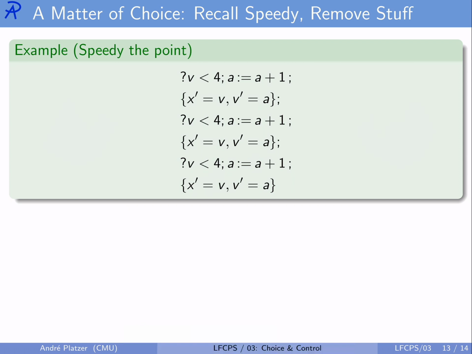These tests are pretty dangerous because they're not part of a non-deterministic choice anymore that leaves around other options, but all of a sudden these tests impose assumption conditions on the current state. I'm assuming at this moment that the velocity is less than 4, and thereby I've truncated and made impossible any behavior of a system where indeed after having accelerated for a little while my velocity has become too large.